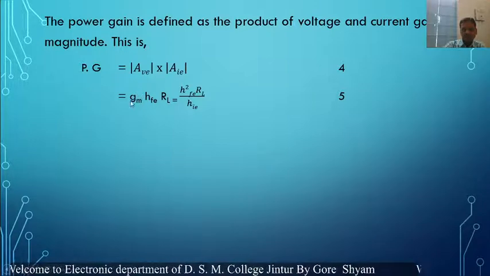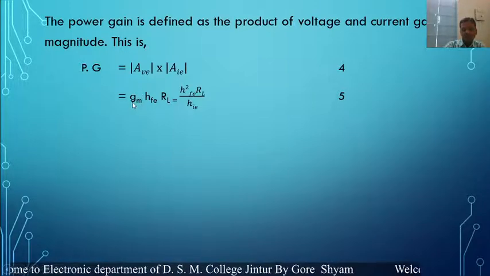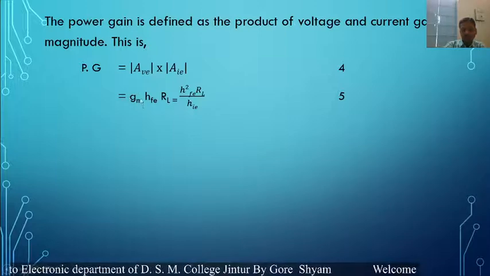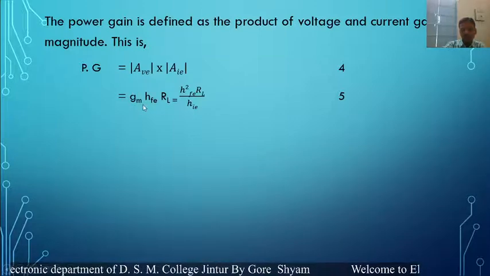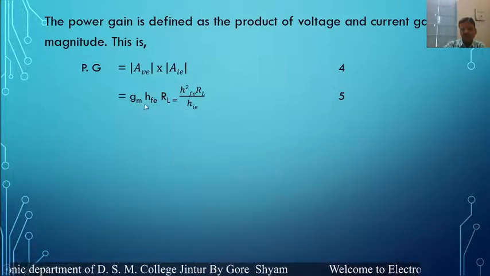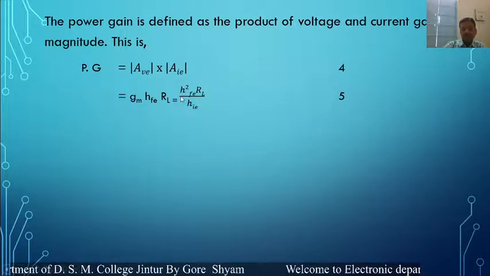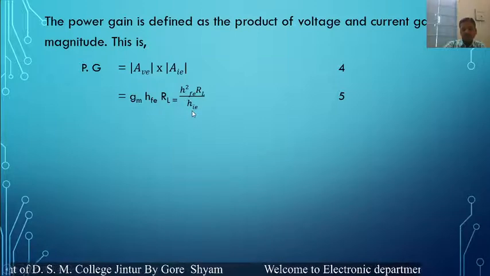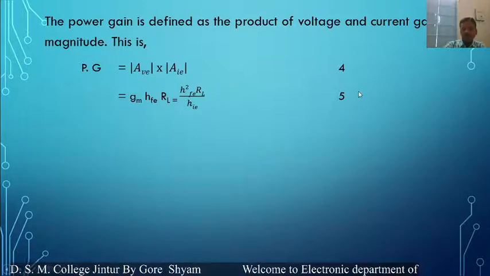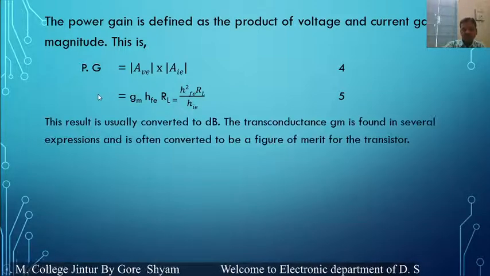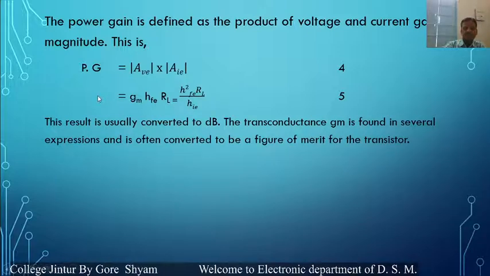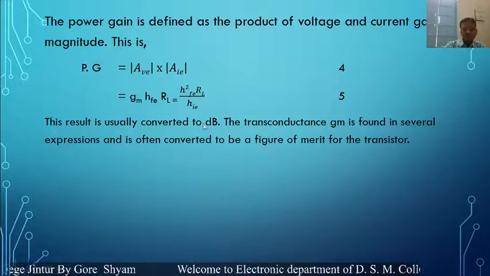GM is equal to hFE divided by hIE. Therefore, when we substitute the value of GM, the power gain is equal to hFE square into RL divided by hIE, equation number 5. So this is the power gain, and this result is usually converted to decibels.